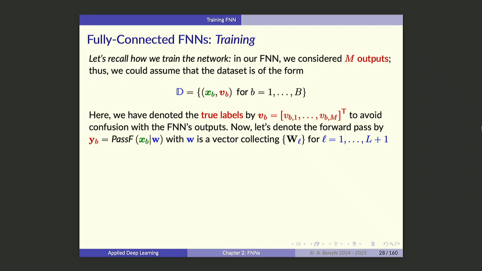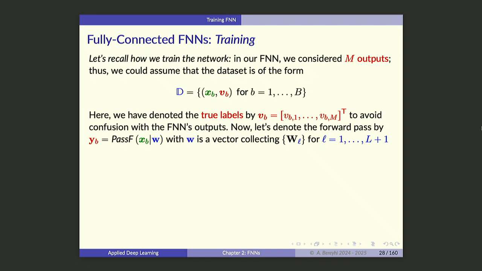I'm going to show it like this, just for a couple of slides: pass f of x given w, where w is simply the weights that you use when passing forward. This vector w is just collecting every weight that you had in all of those matrices, so it's a very, very long vector in general. Now, if you fix that, then all of those matrices are fixed. x goes in, you can compute y.